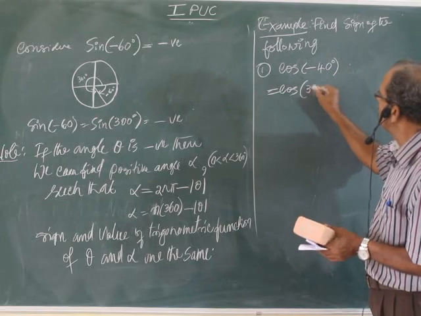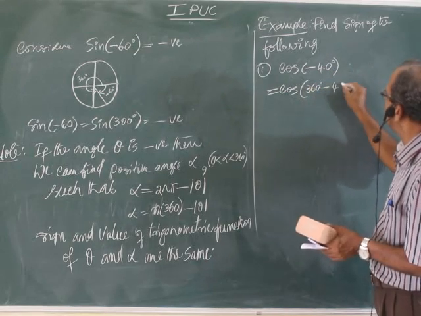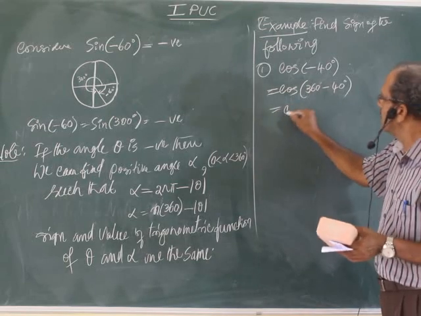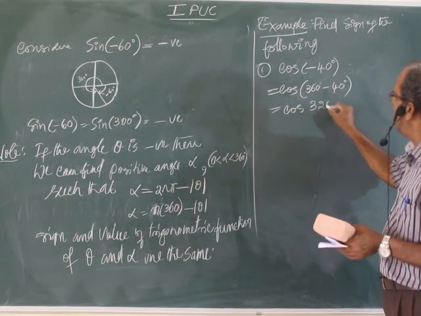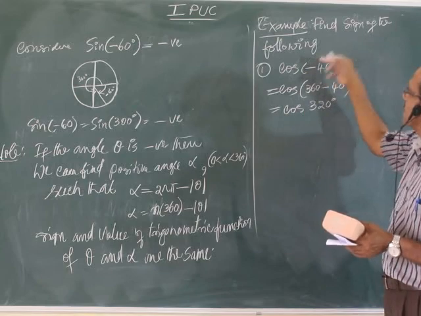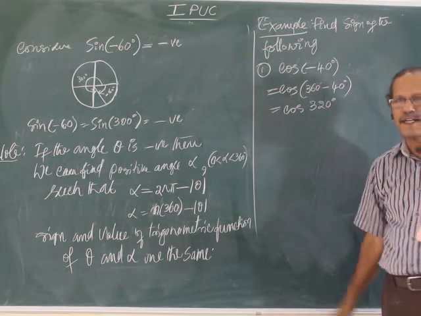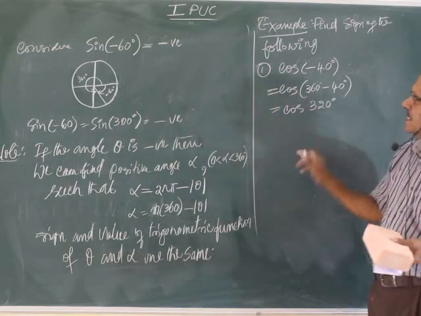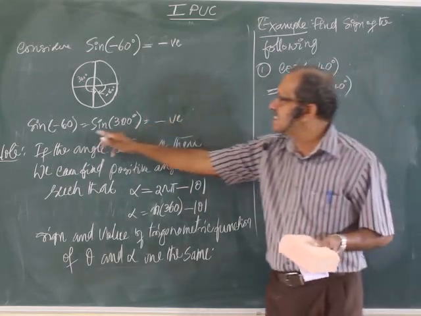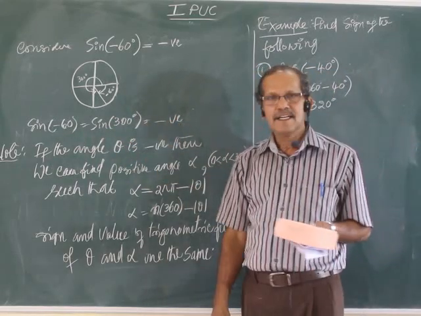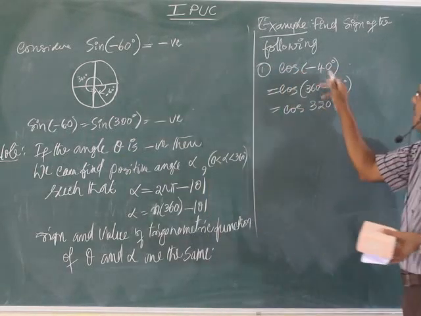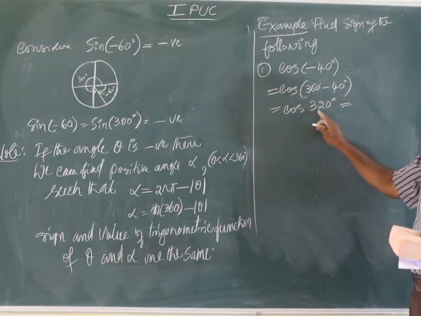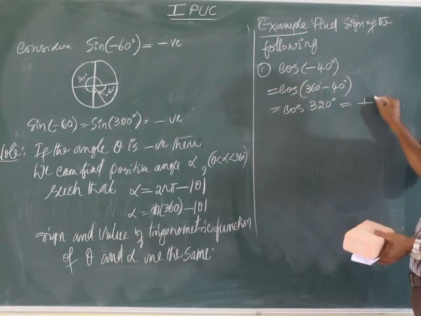You must subtract that one from 360. You are getting 320. Actually, minus 40 is the same as 320. Minus 60 is the same as 300. Just similar to that, minus 40 is equal to 320. 320 comes in the last quadrant. Cos is positive.